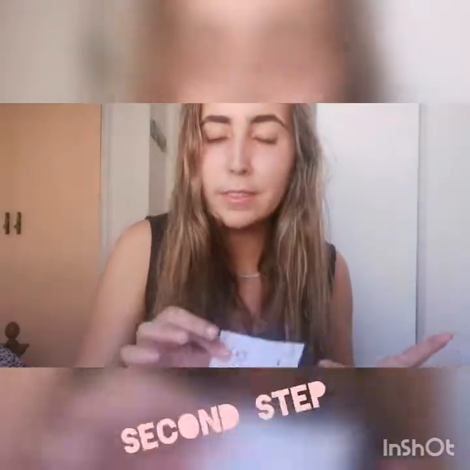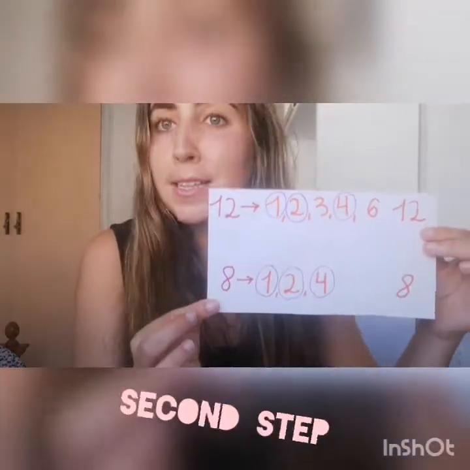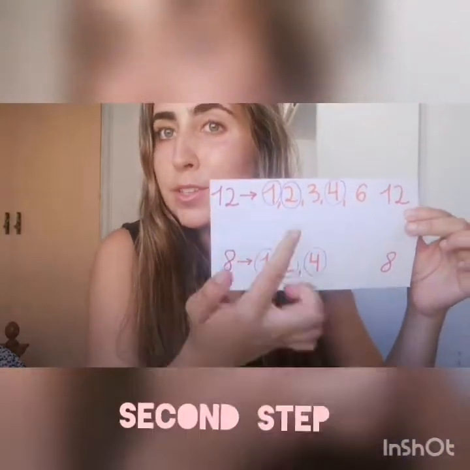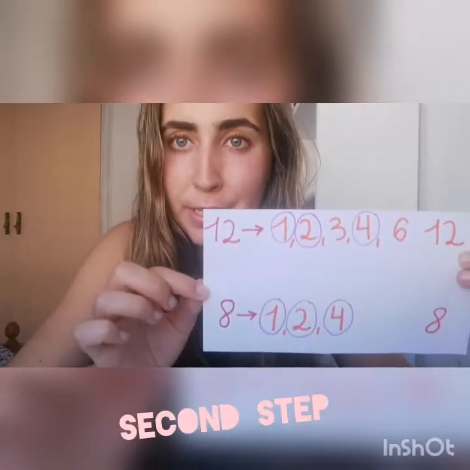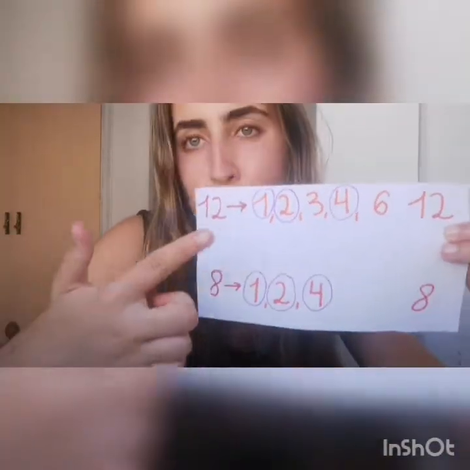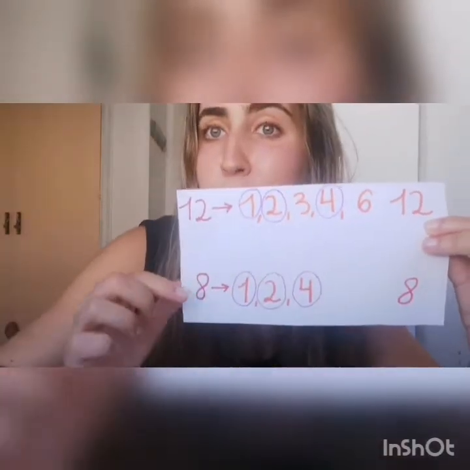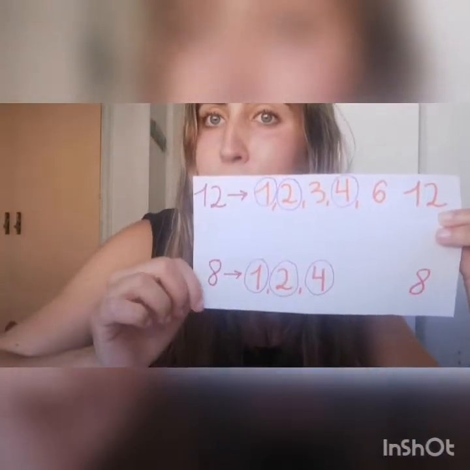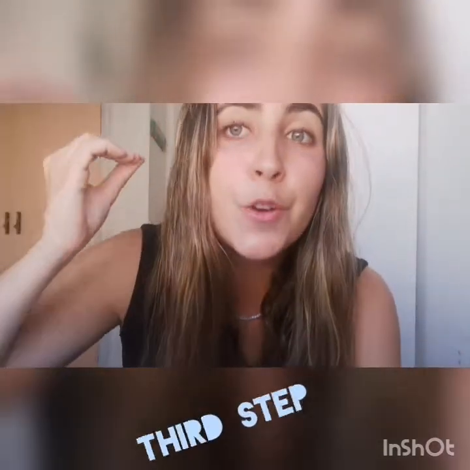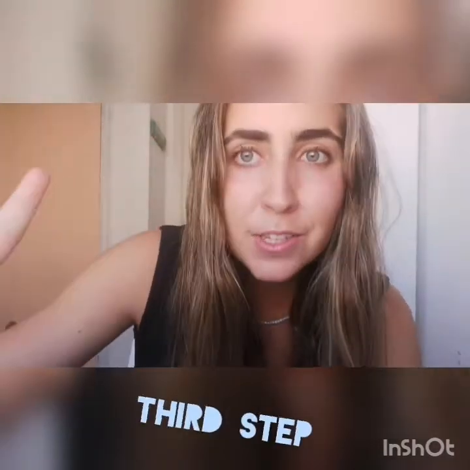The second step is to look at what common divisors both numbers have. So, of course, number 1 in both numbers, number 2, and number 4. The third step is to find the greatest common divisor.